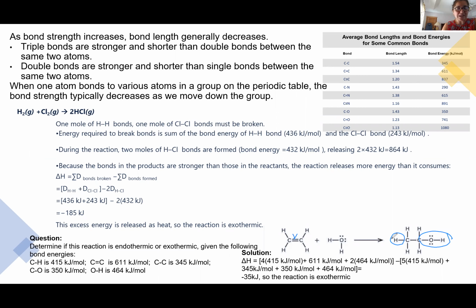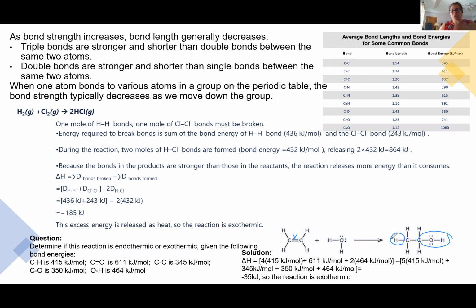So you have to see how much energy was released based on the amount of energy released per bond forming, and how much energy was consumed based on the number of bonds that were broken.